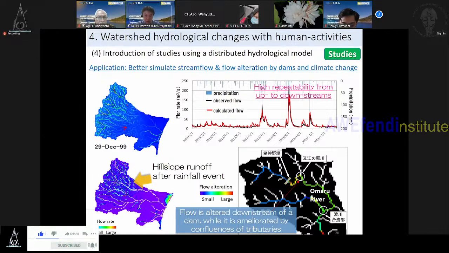As you can see, downstream of the dam, the flow alteration extent is large, of course, compared with natural flow condition. But after the convergence of tributaries, it is ameliorated, and the flow recovers toward downstream. This kind of spatial pattern of flow alteration and its recovery is predicted using our model.